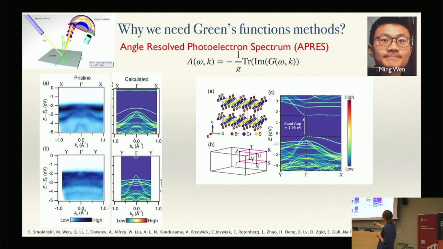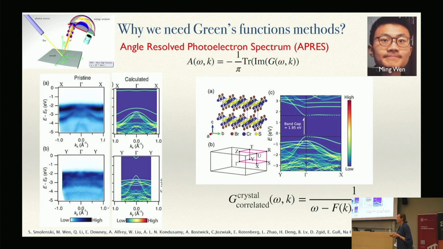They also change the momenta during this experiment, so we have to have the full momentum resolution for the solid, and you can recognize that these are different cuts through the band structure, which is much more common to see as these spaghetti diagrams. So as theorists, we need to evaluate this correlated Green's function.